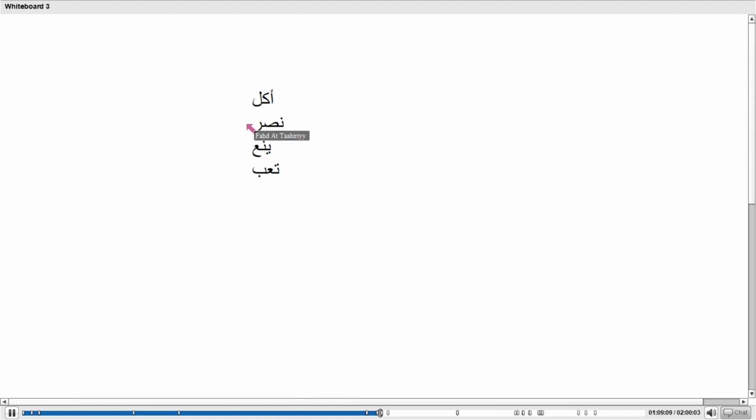Now, nansuru is the mudari' of nasara. Here, how many noons are in the beginning? Do you see in the verse? There are 2 noons at the beginning, which means that the first noon is an extra noon. So this makes this word a mudari'.